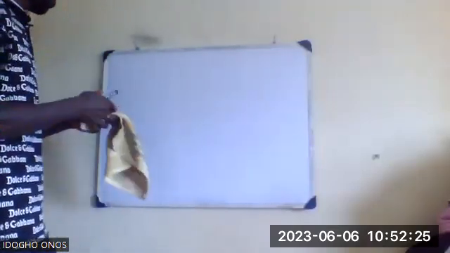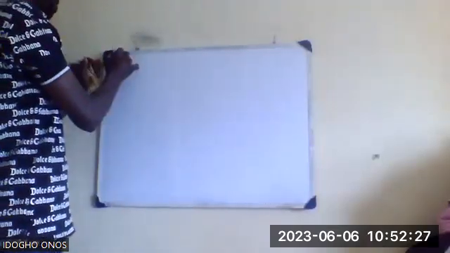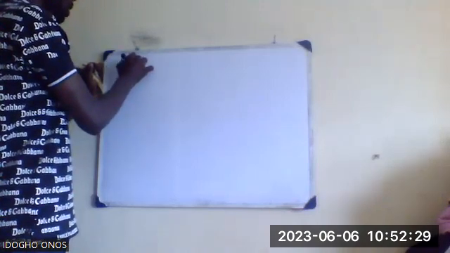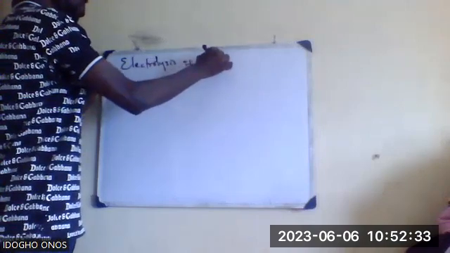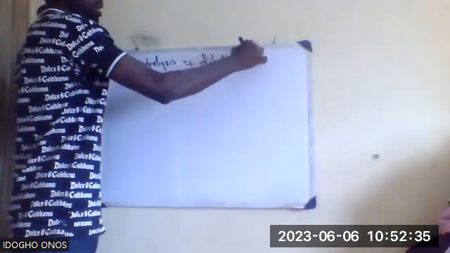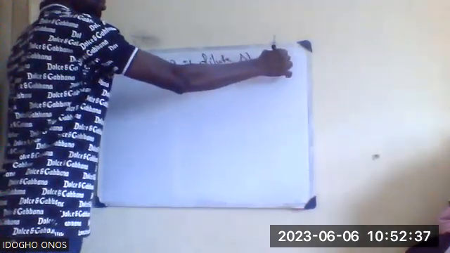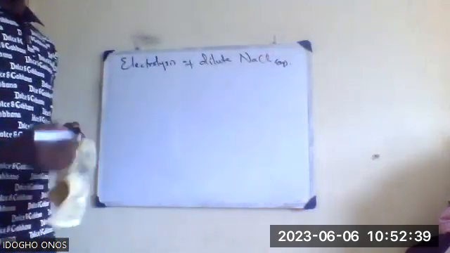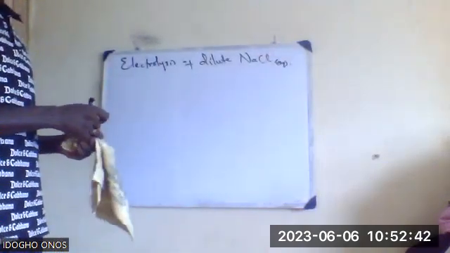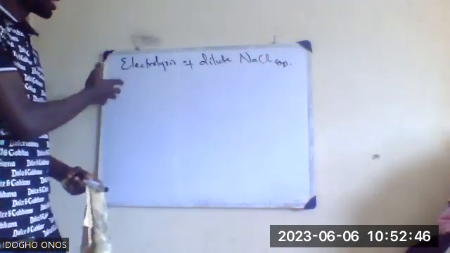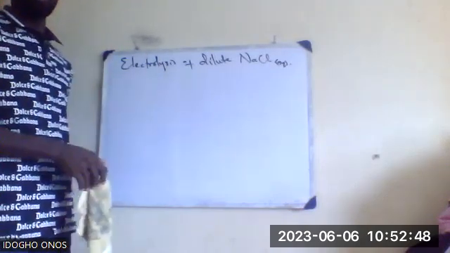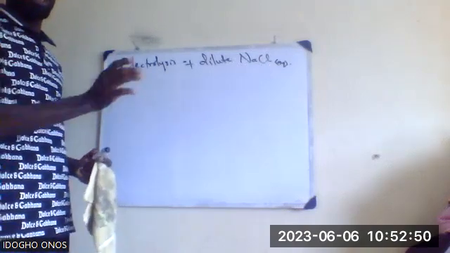So another example, this time around, I will use electrolysis of dilute NaCl. To save my time, do you know what will be the product at the anode and at the cathode for this one, so that we can just look at another example if this one is easy?